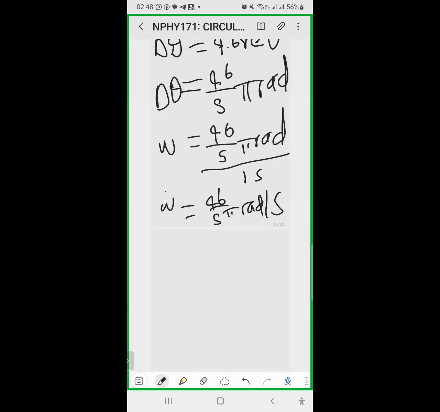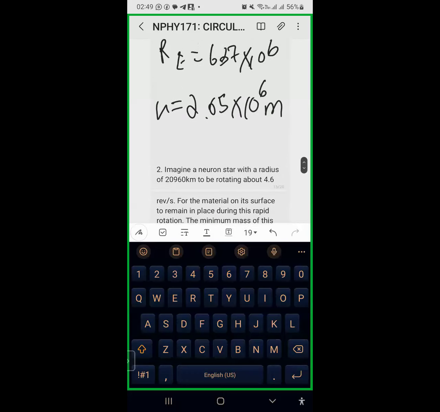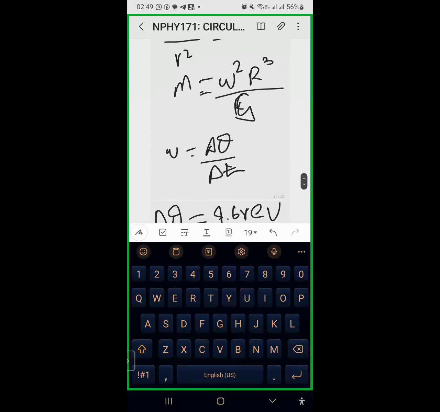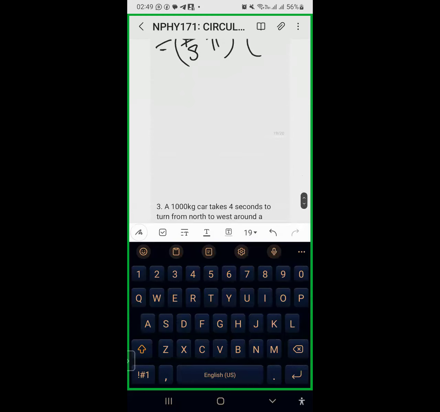Now we have our angular speed. We can go back. We said m is equal to omega squared multiplied by r cubed over G. So we have omega as 46 over 5 pi, and this is squared. We're going to multiply by the radius. Let's go back to the question. Is the r given? Yes, the r is given as 20,960 kilometers. So now we're going to convert it to meters.